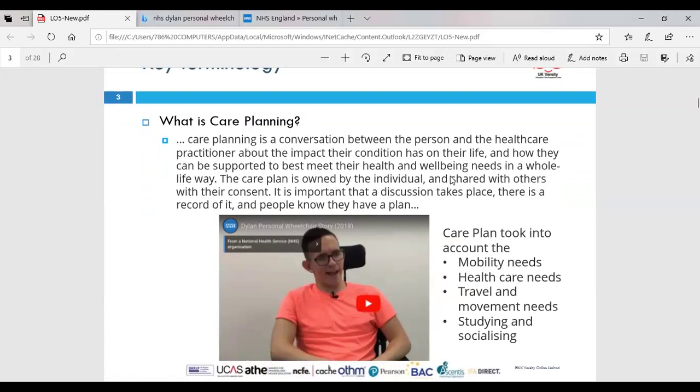They're different people with different needs and requirements. The care plan is owned by the individual. The individual themselves is responsible for that care plan, and it's shared with others only with their consent. It is important that this inclusive discussion takes place, that there is a record of it, and that people know they have a plan, so that they know their health is in their hands.